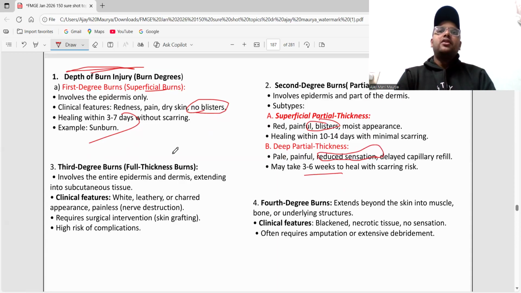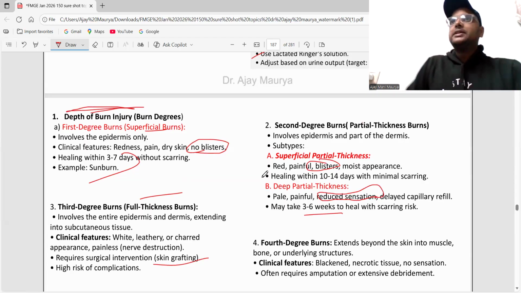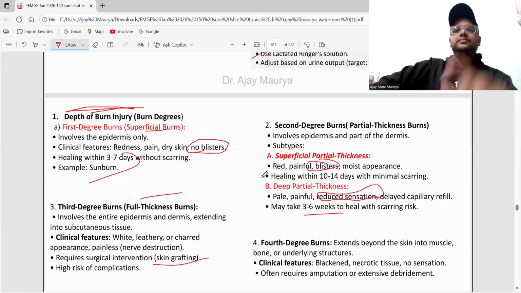Third degree, full thickness burn: the entire epidermis and dermis will be involved. Clinical features: white, leathery, charred, painless due to nerve destruction. Requires surgical intervention, skin grafting. Fourth degree. Now this is how they will give the symptoms and you have to identify that.